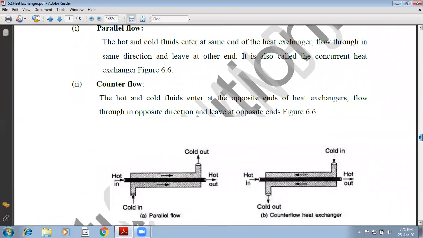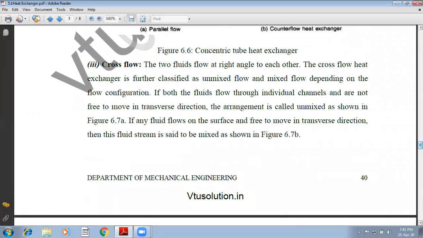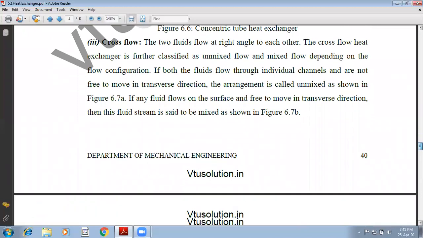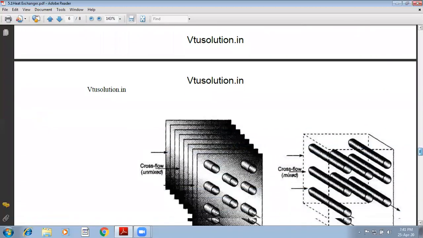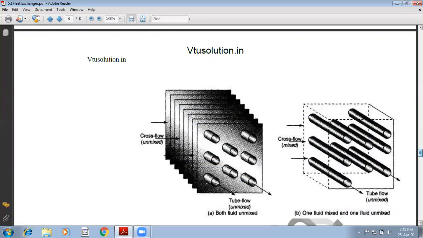In cross-flow heat exchanger, if you consider the radiators, radiators are nothing but cross-flow heat exchanger. This is the diagram.